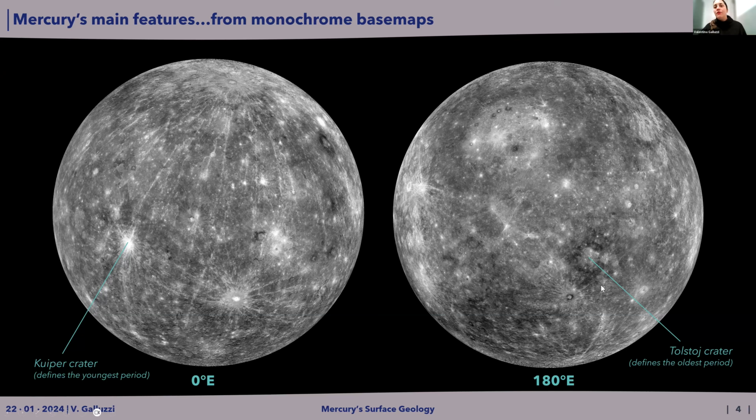On the other side of the planet, at the center at the anti-meridian, you have this very dark and subdued crater here, which is called the Tolstoy crater. And this crater instead defines the stratigraphy for the oldest period of Mercury, the Tolstoyan, and before that, the pre-Tolstoyan.